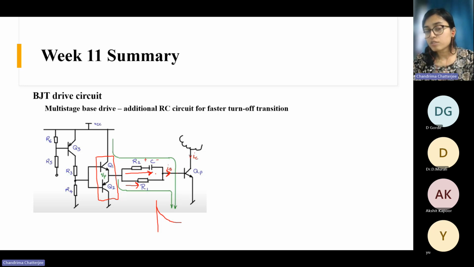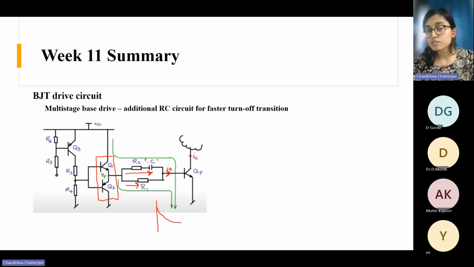You know how the RC circuit behaves for a step change. When Q1 is on, some step voltage comes here. When you present the RC circuit with a step change, initially there is a high current, and then the current reduces exponentially and settles, and eventually in the steady state it becomes zero.